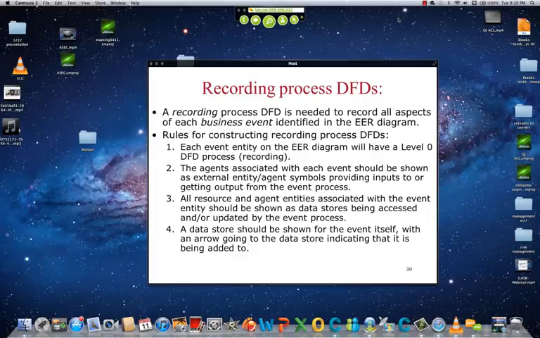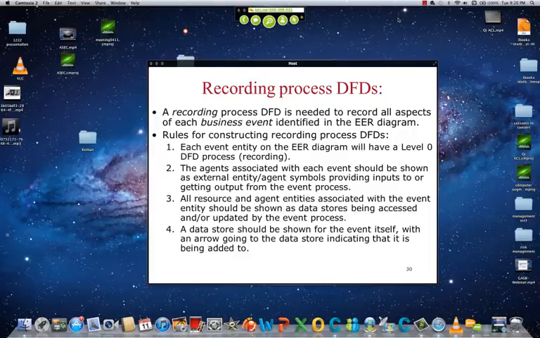If you have the EER diagram, then it is slightly easier. When you have the EER diagram, you have events, resources, and agents. First you look at events in your EER diagram. Each event would have its DFD process, the circle.